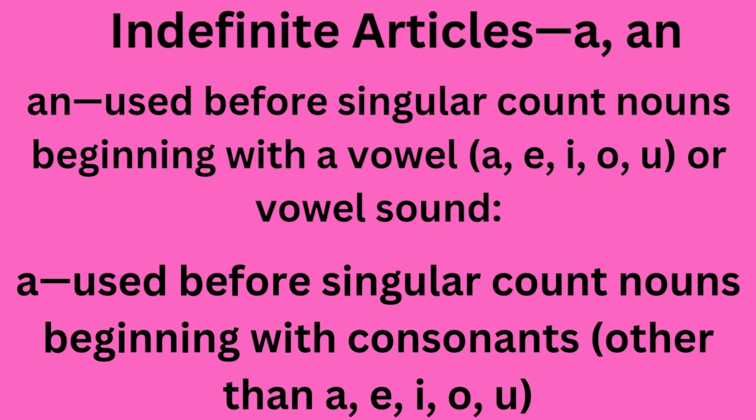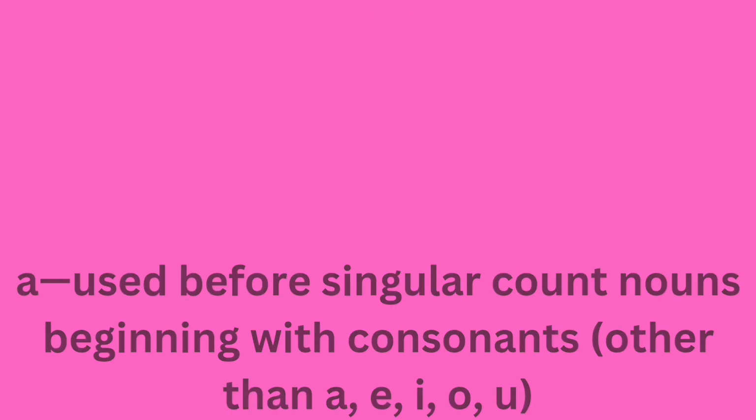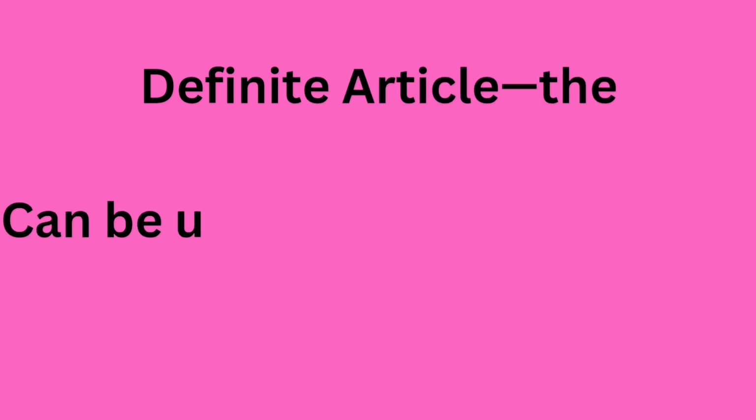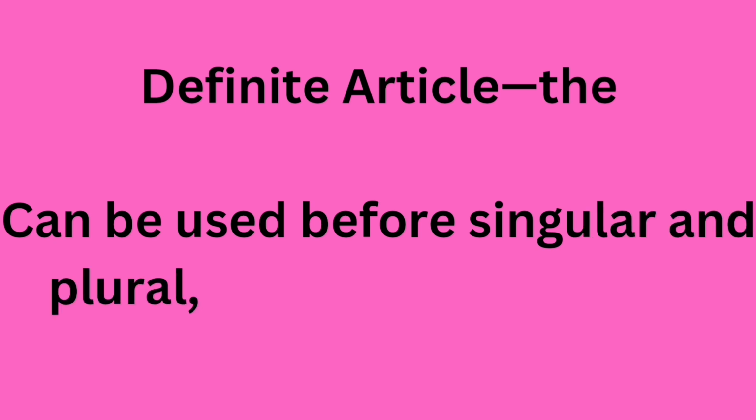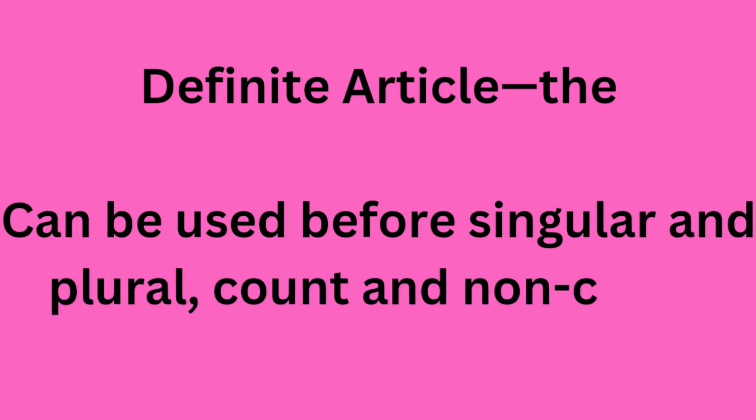A is used before singular count nouns beginning with consonants other than a, e, i, o, u. Definite article the can be used before singular and plural count and non-count nouns.